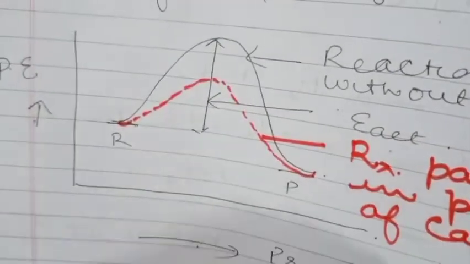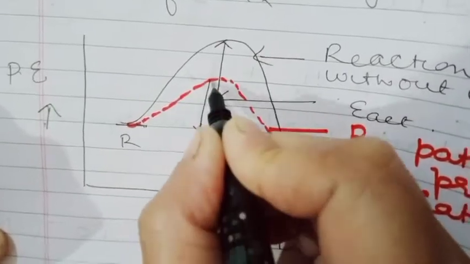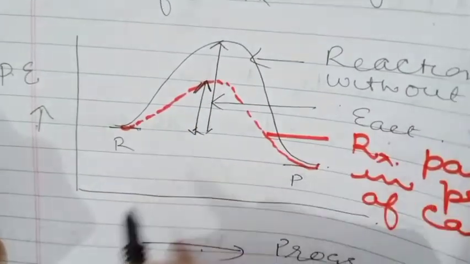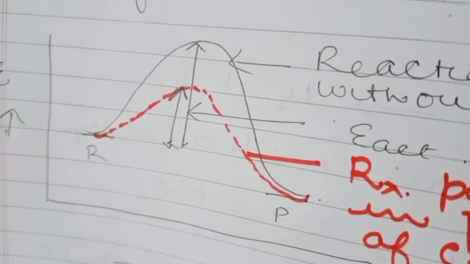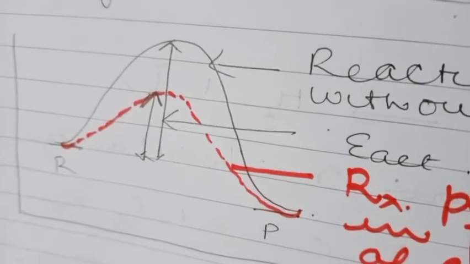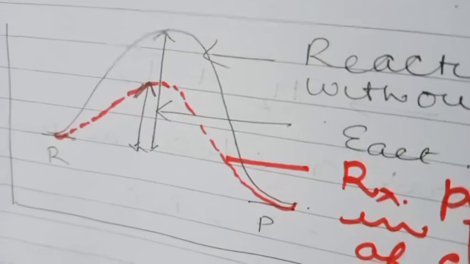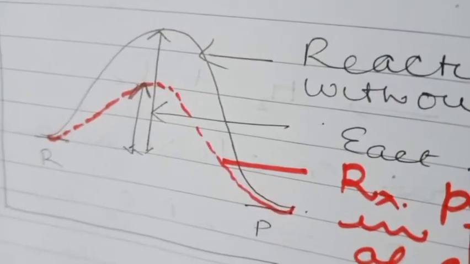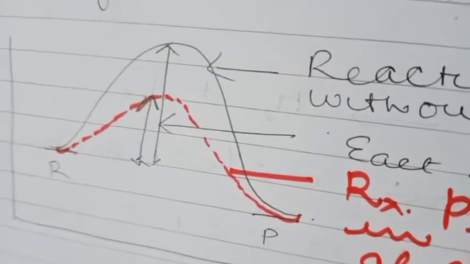Here again you have the same reactant and same product, but you can see that activation energy in this case is reduced. That means whenever you use a catalyst, the reaction proceeds by some alternative pathway with lower activation energy. Hence, due to reduction in activation energy, more and more products are formed, and the reaction becomes fast.